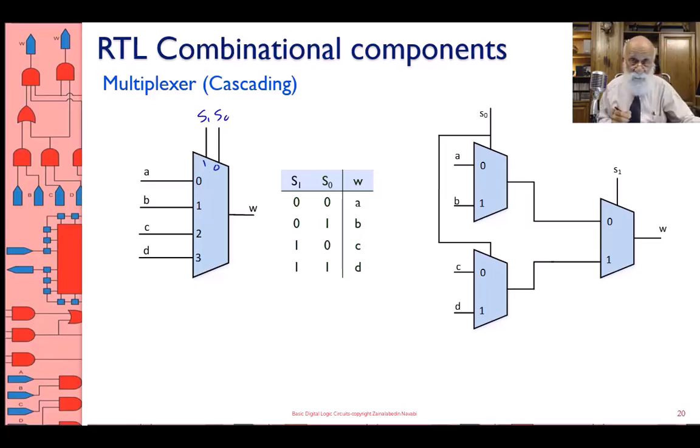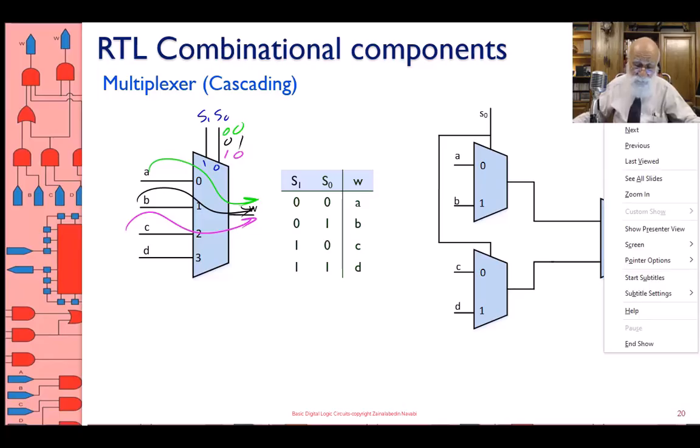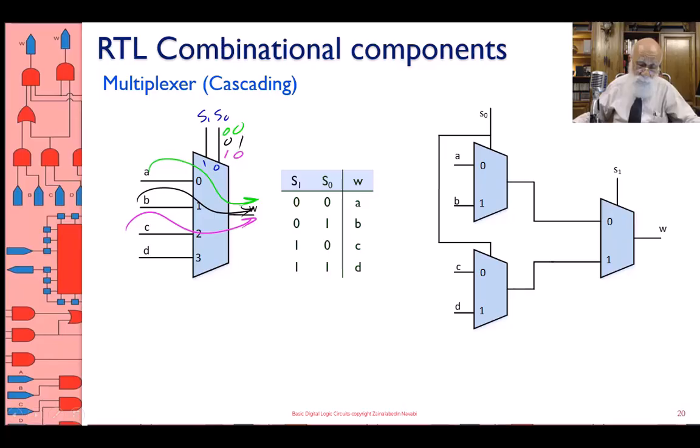What it means is if S1, S0 is 0, 0, A is selected. 0, 1, B is selected. 1, 0, C is selected, and if it is 1, 1, then D is selected.